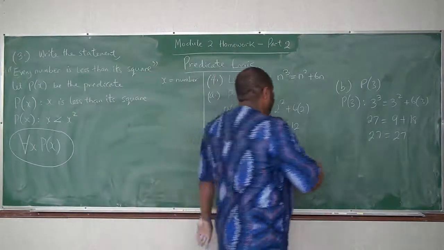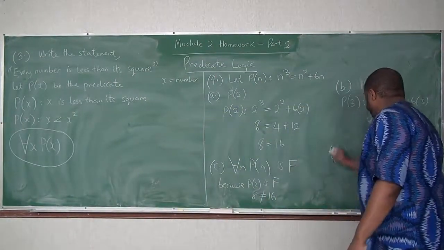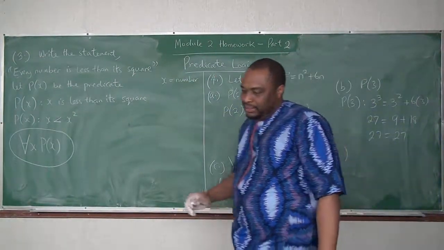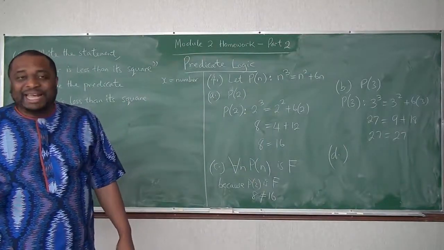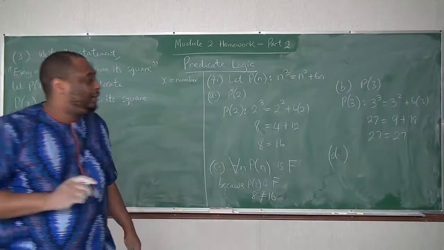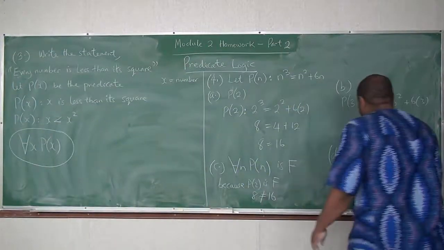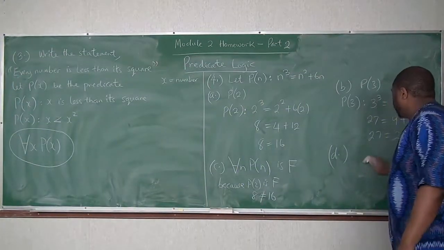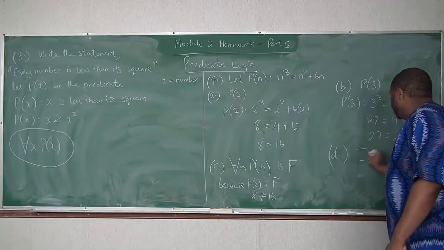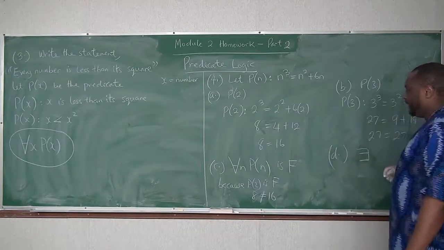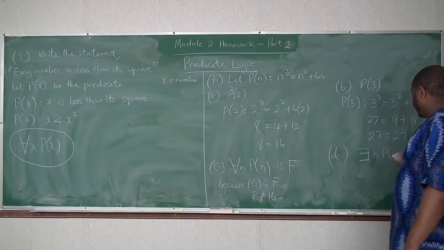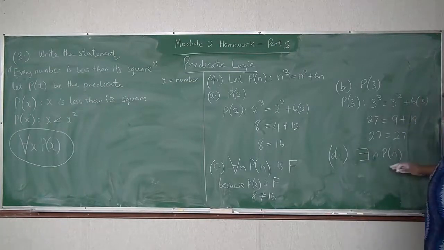Then the D part. D says, what is the truth value of there exists n, P of n? This means there exists, like your E rotated the other way. There exists n, P of n. This one, the truth value is true.